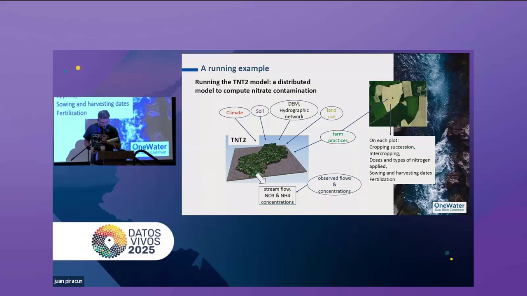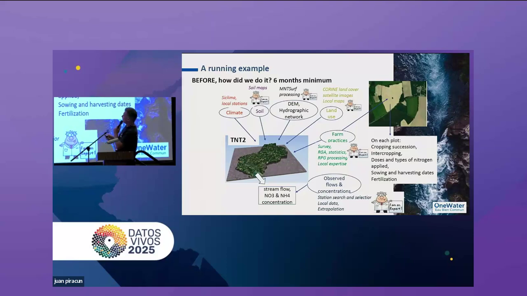Another example, a running example, on the TNT2 model is what we need to integrate to make this kind of modeling. When we were making that by hand, it was something like 6 months minimum with a lot of pain to make a lot of data pre-treatment.